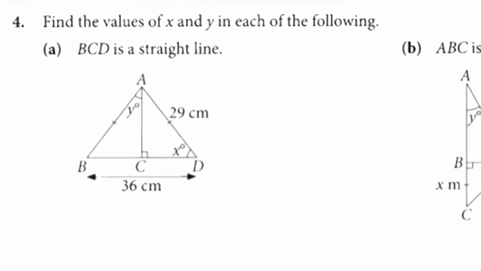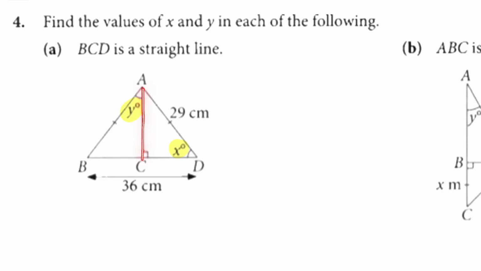Next, moving on to question 4. There's no question 1 because I took this out from another book. So question 4a. We are to find two angles. The first angle is x, over there, and the other angle is y. This is an isosceles triangle, so therefore this is 29 as well.